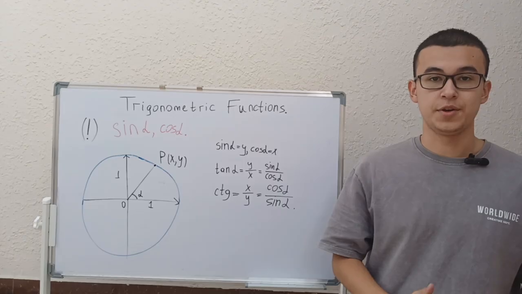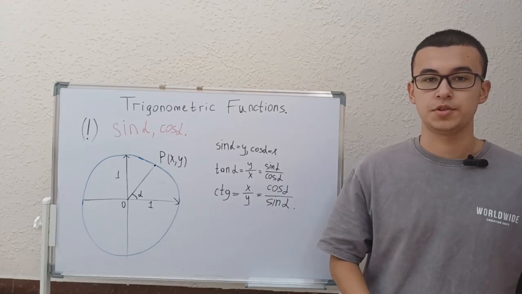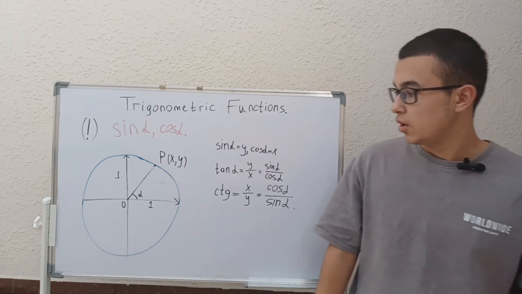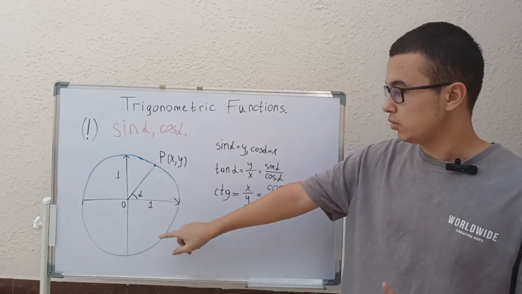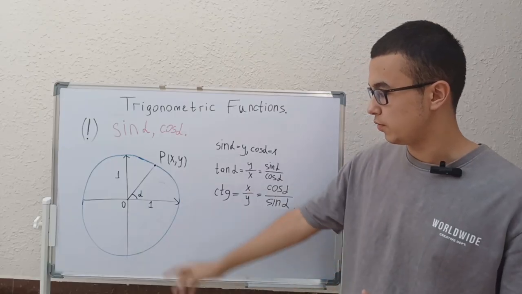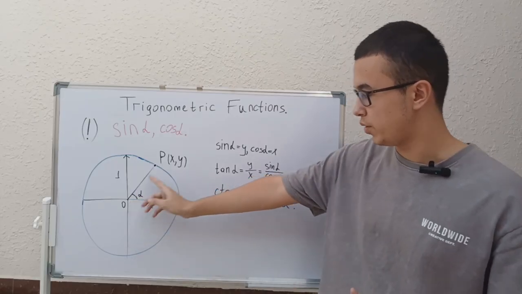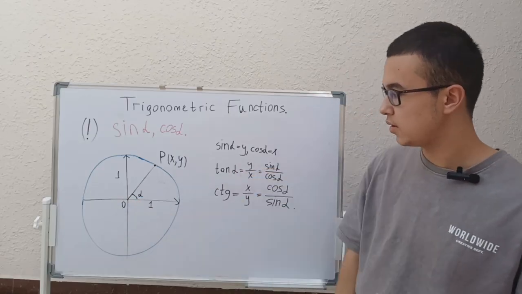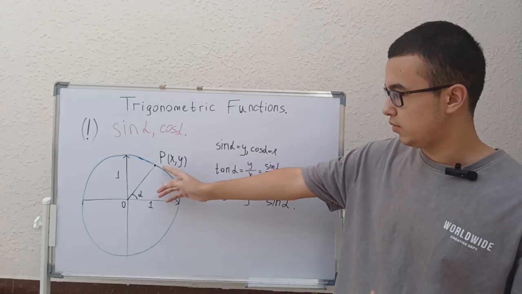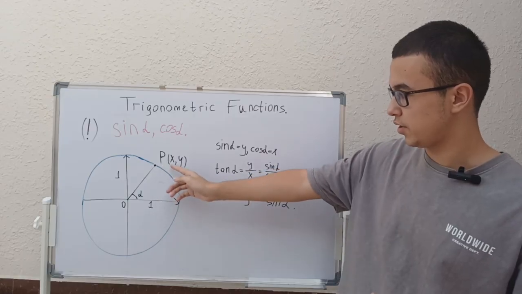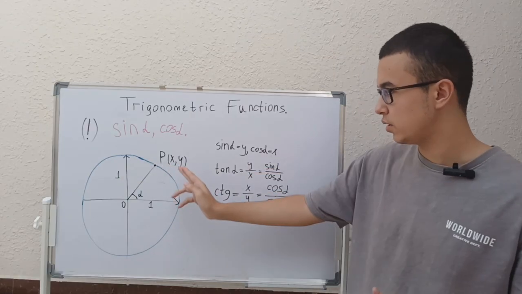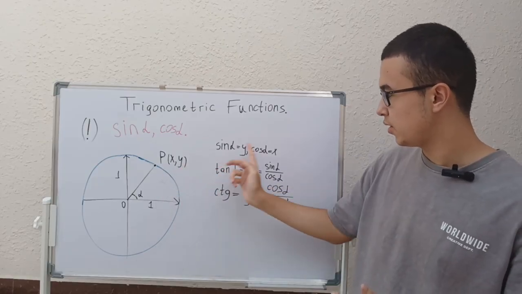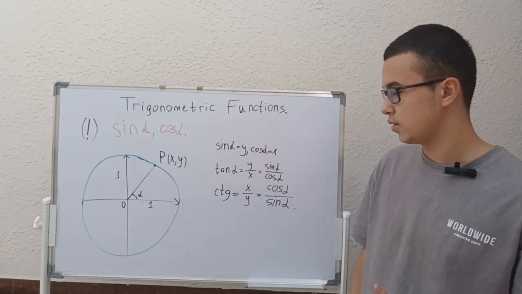The second very important definition is about sine and cosine of angles. So what is sine and cosine? If you have a unit circle with center O, and line OP creates angle alpha with the x-axis, and the point P has coordinates x and y on that circle, then sine alpha is y, and cosine alpha is x.